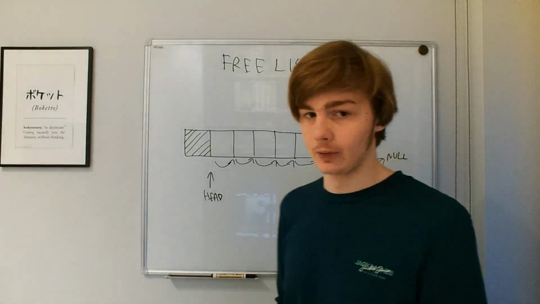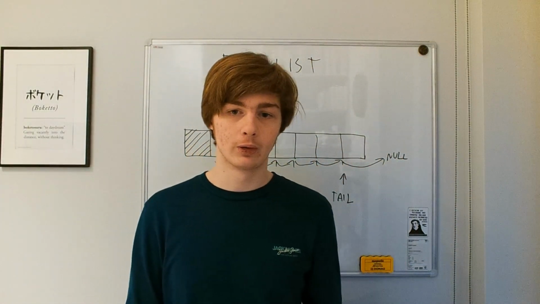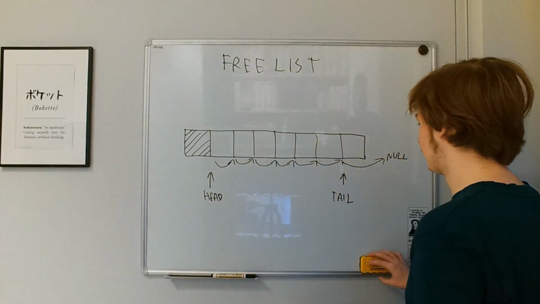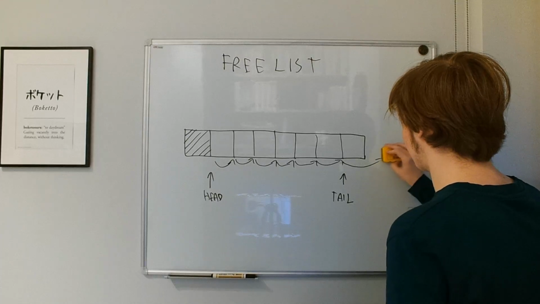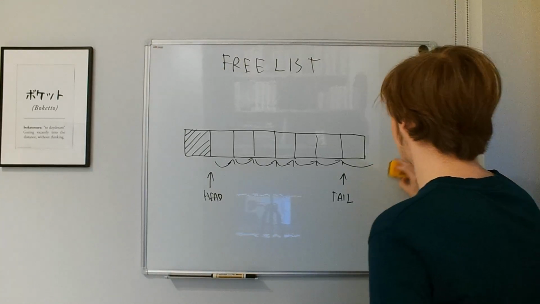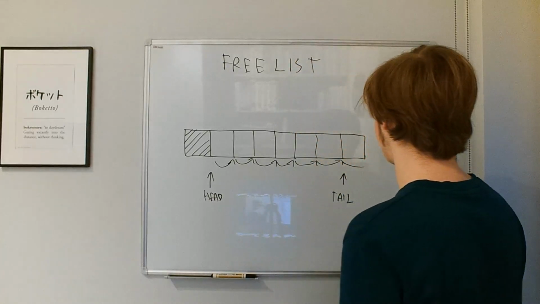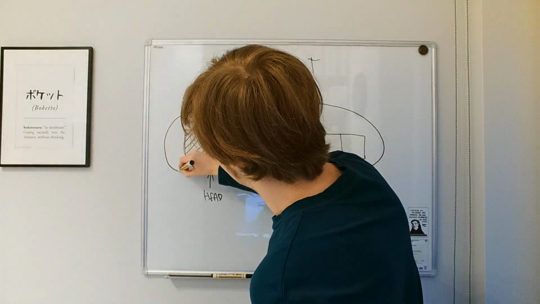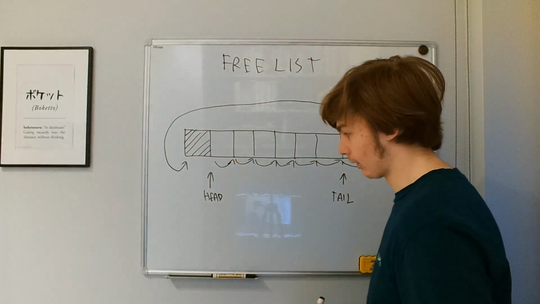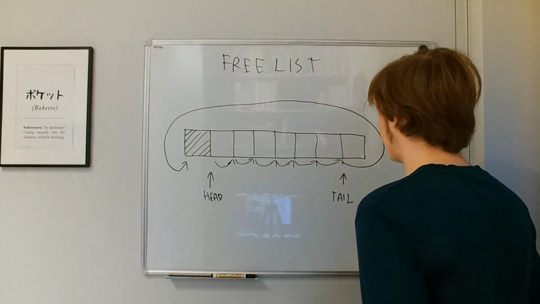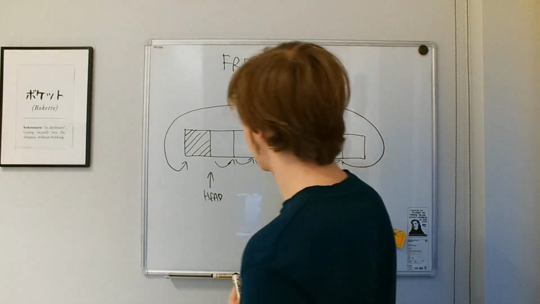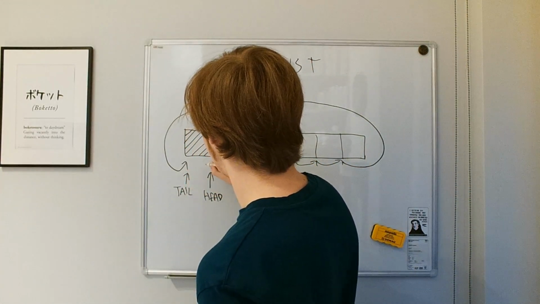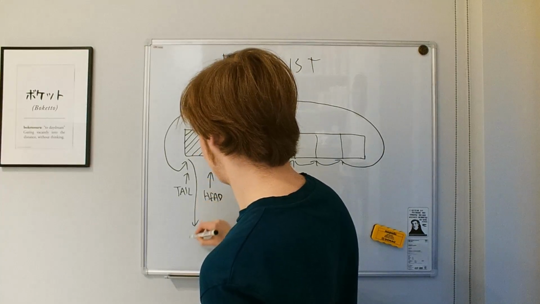Okay, so you have the tail, and the tail is useful for freeing, because whenever you want to free a byte, what you would simply do is, instead of making the tail point at null, you make the previous tail point to the block that you have now freed, which becomes your new tail, that now points to null.